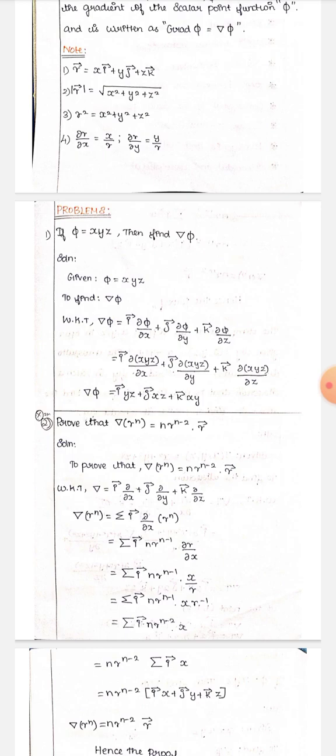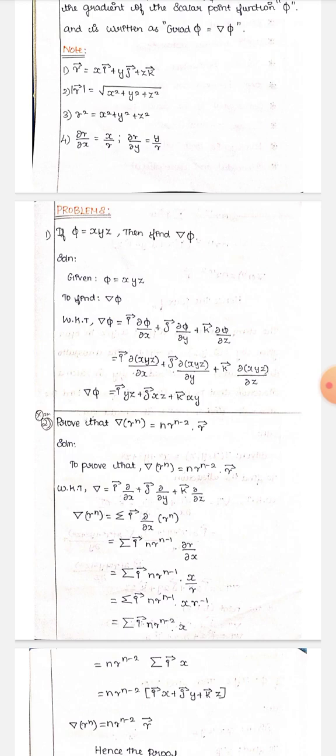Based upon this, the first problem: if phi is equal to xyz, then find del phi. Solution: the given function is phi is equal to xyz. To find del phi, we already know the formula for gradient phi.